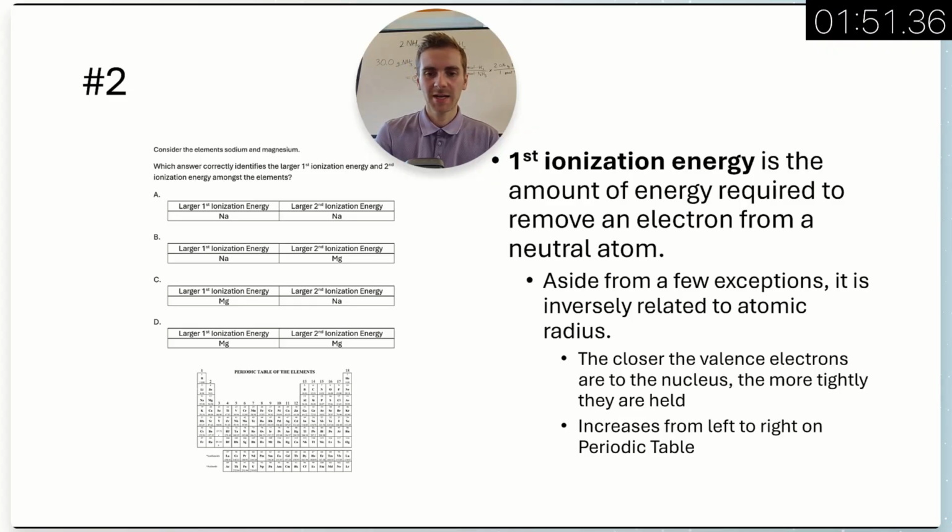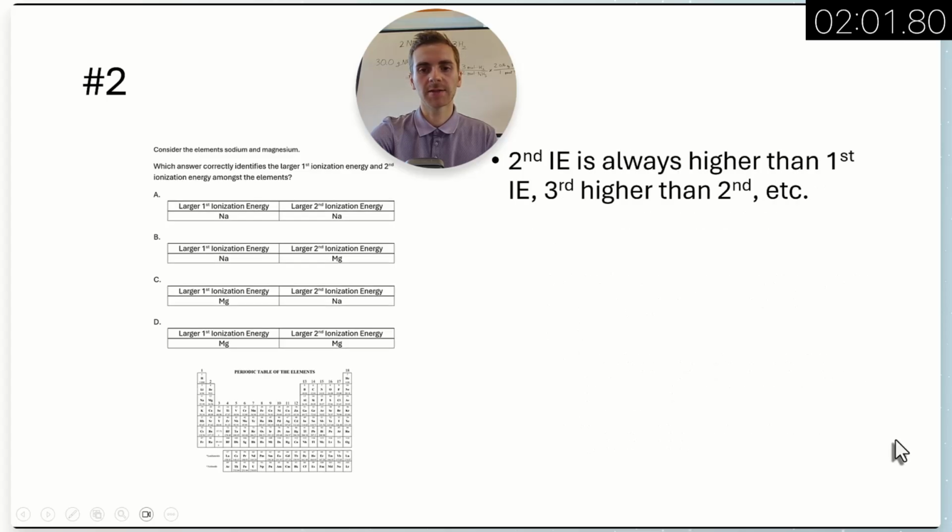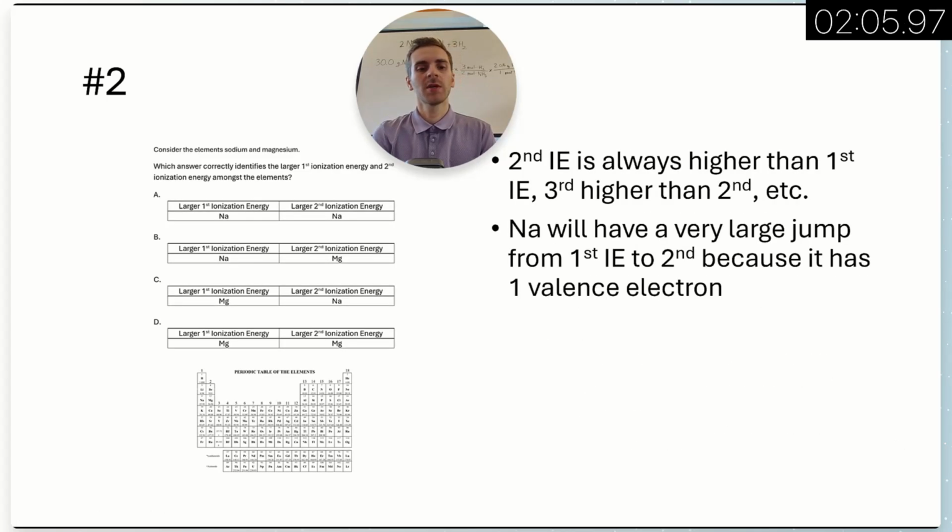In terms of second ionization energy, that's removing the second electron after the first one has already been removed. There's not a universal trend for that, but we want to think about the valence electrons. Sodium has 1 valence electron, and because of that, its second ionization energy is going to be much higher than its first ionization energy.